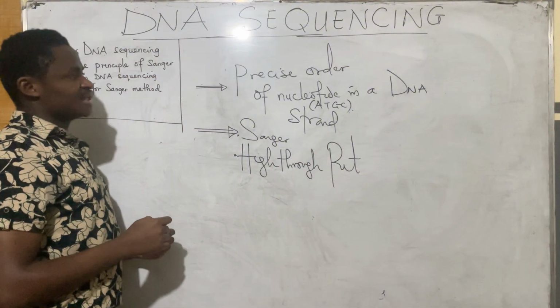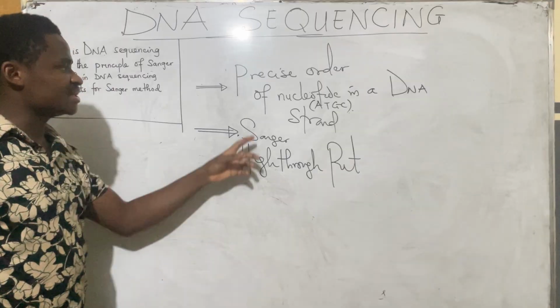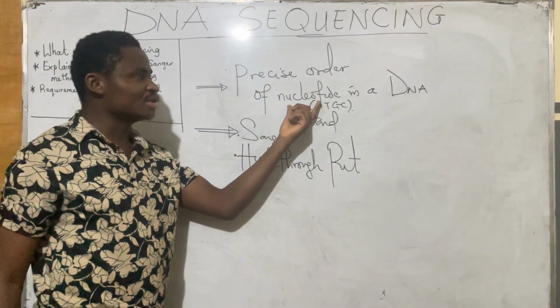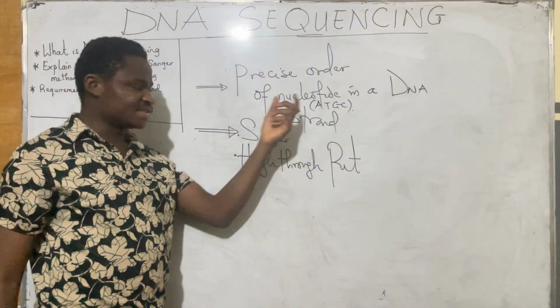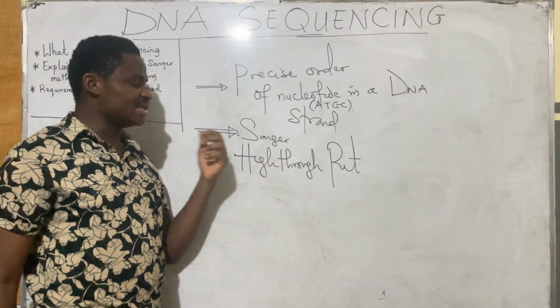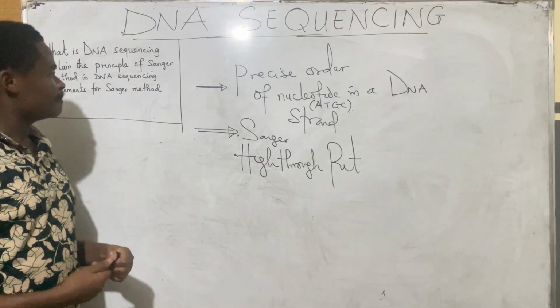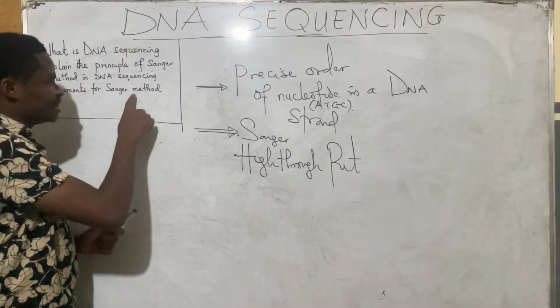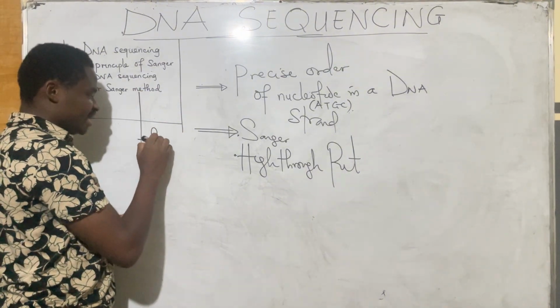So this is a very important way to define or to explain what is DNA sequencing. The precise order of nucleotides in a DNA strand, and by nucleotide I mean ATGC, and we said there are two methods. The Sanger method, which was the earliest, and then the high throughput method, which is nowadays being commonly used.